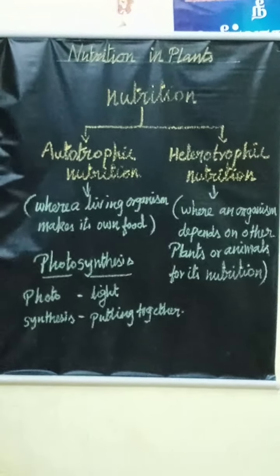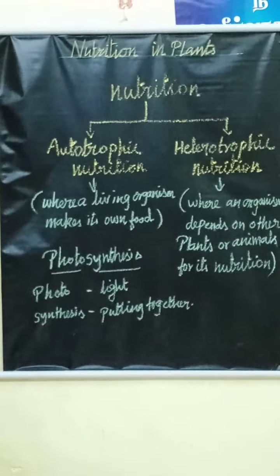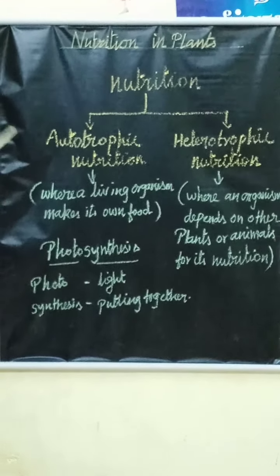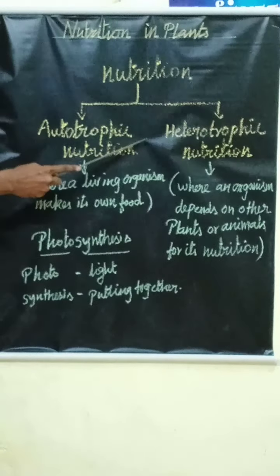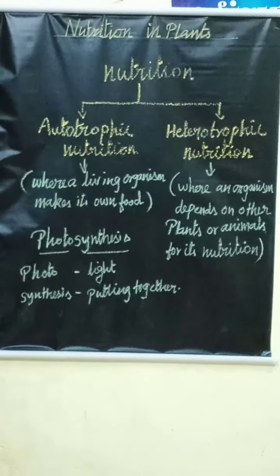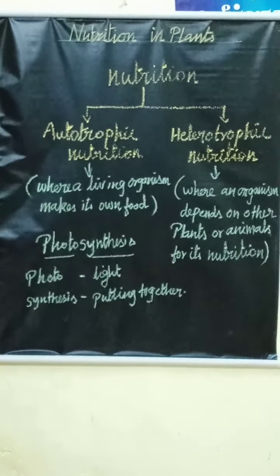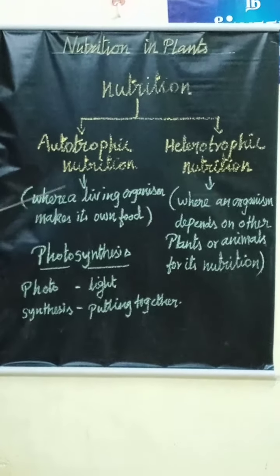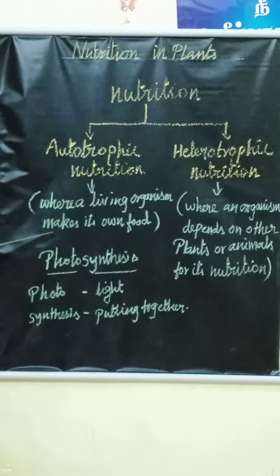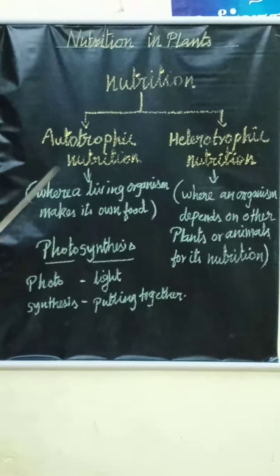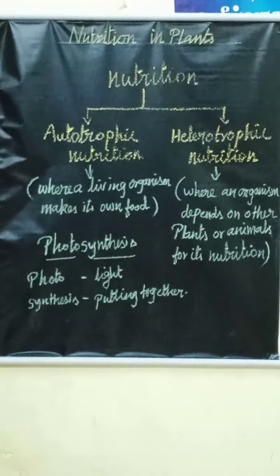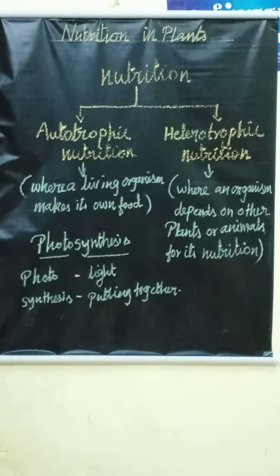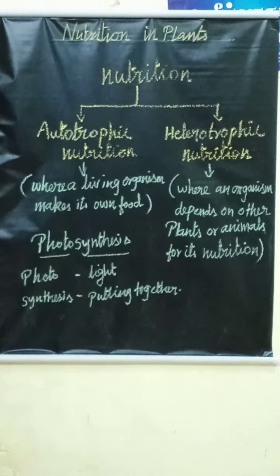Now I am going to talk about the classification of nutrition. Nutrition is classified into autotrophic nutrition and heterotrophic nutrition. What is autotrophic nutrition? This is a kind of nutrition where a living organism makes its own food. In autotrophic nutrition, a living organism is able to make its own food.